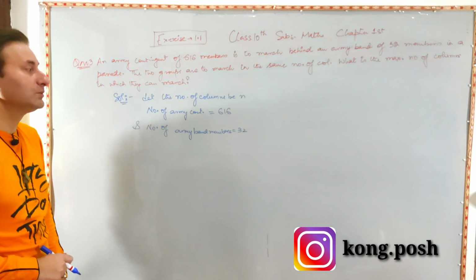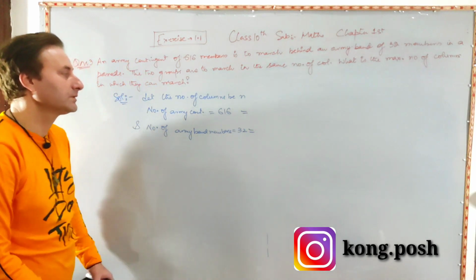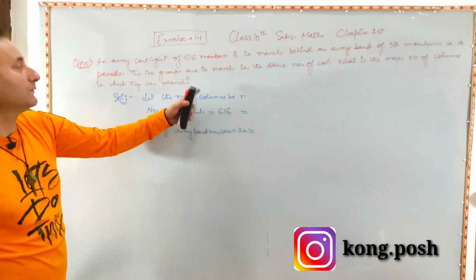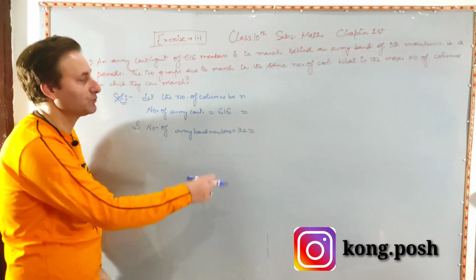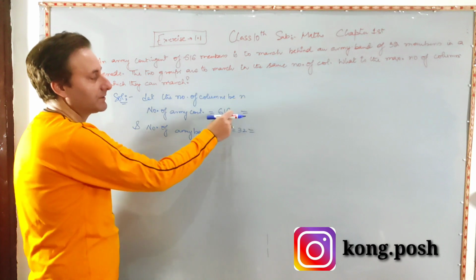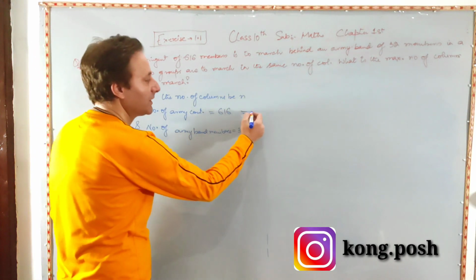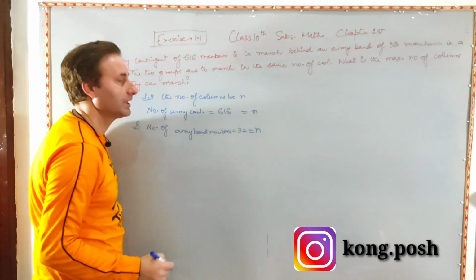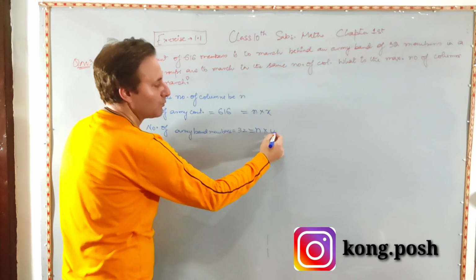Okay, so if I see here this, and one more thing, the two groups have to march in the same number of columns. So whatever the number of columns are, both of them have to follow the same number of columns. So n is same for both, and then I may say that this is x and this is y.